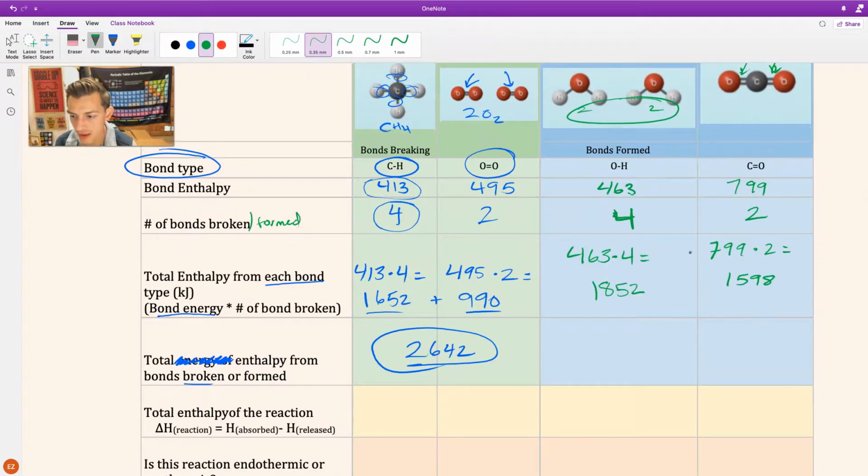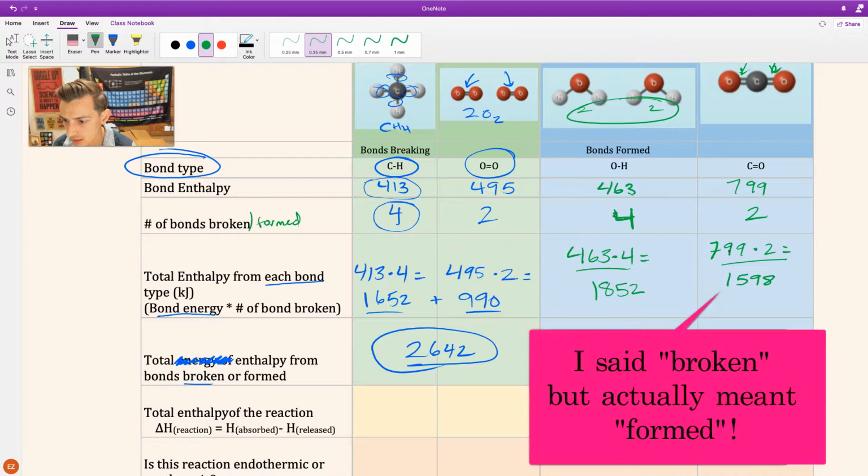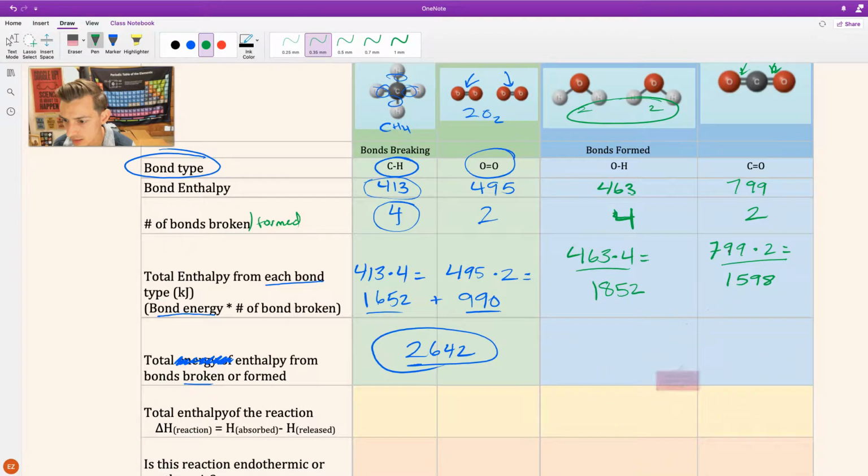Now I'm going to do the math. Okay, now I have my math calculated here for the bonds formed and the bonds broken. I'm going to add those two together to get my total enthalpy for the formation of these molecules, and that's going to be 3,450 kilojoules.